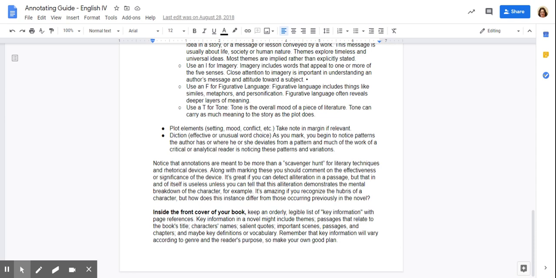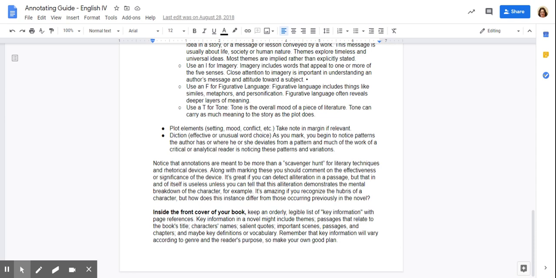So think of your annotations as just your thoughts on paper. You're recording what you're thinking about as you read. You're recording the meanings that you're getting from the story. And these are going to be things that are going to help you later on. So don't look at it so much as a chore, although I know that probably is what it feels like right now.